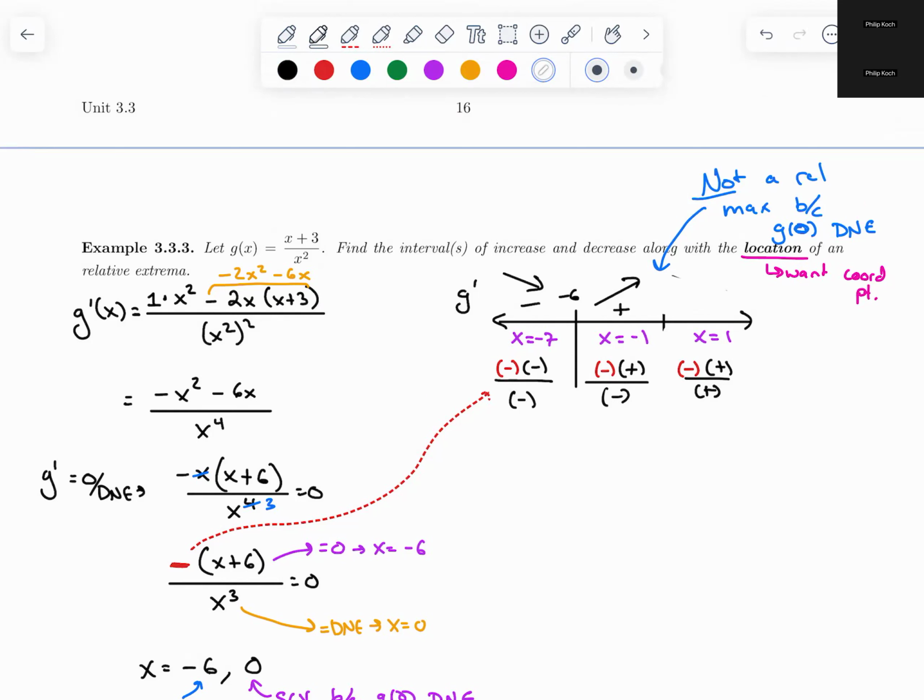But that's not true. The semi-critical values play a role. Even if they don't end up giving you any relative extrema, they do affect the sign chart. That's why I had the distinction. I know they didn't really make any sense in 3.1, but they matter here, and I wanted us to get comfortable with them then so that we'd be fine with it now. So, -6 is a relative min.